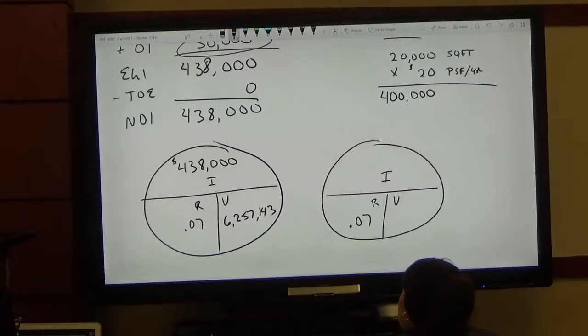What I mean by that is, if we can generate an extra $10 a year of income on this project, what does that translate into in terms of incremental value?